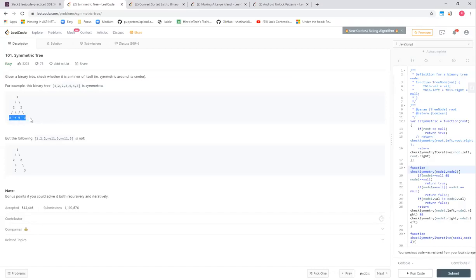If we do level order traversal of this tree, on the second level 2 is equal to 2, and on the third level the numbers we get are exactly a palindrome, 3443. That is the property, and if it is there then it will be a symmetric tree. Correct. So that's one of the approaches: do a level order traversal, and at each level find whether it's a palindrome or not.